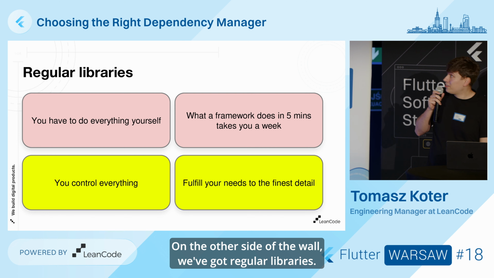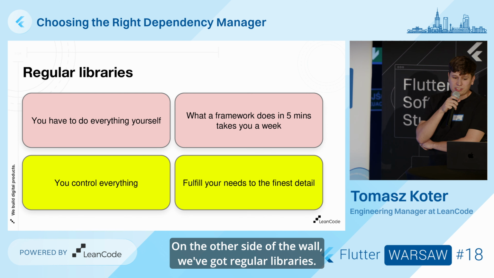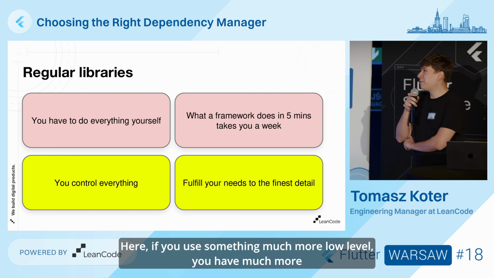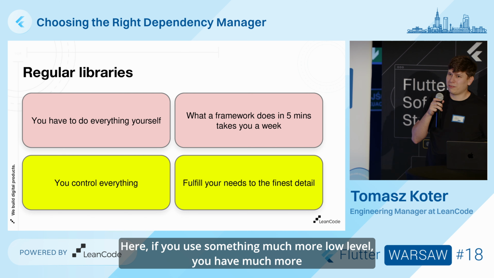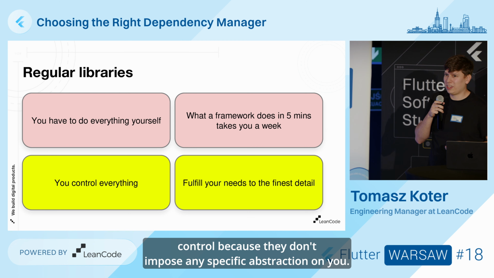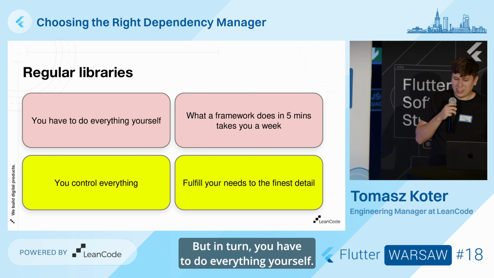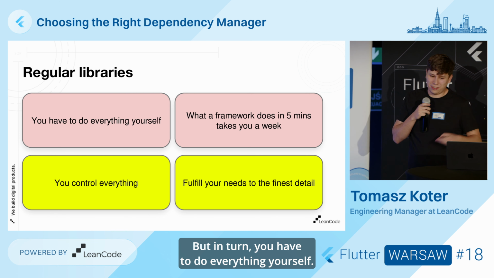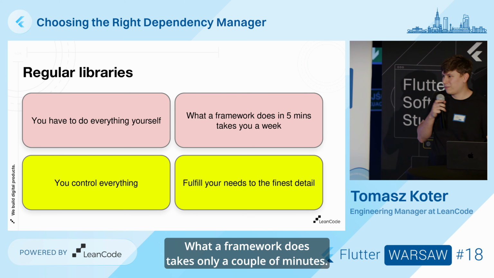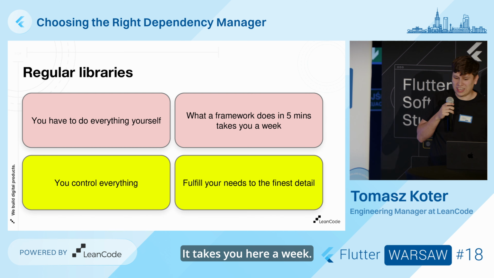And on the other side of the wall, we've got regular libraries. If you use something much more low level, you have much more control because they don't impose any specific abstraction on you, but in turn, you have to do everything yourself. What a framework does takes only a couple of minutes, here it takes you a week.